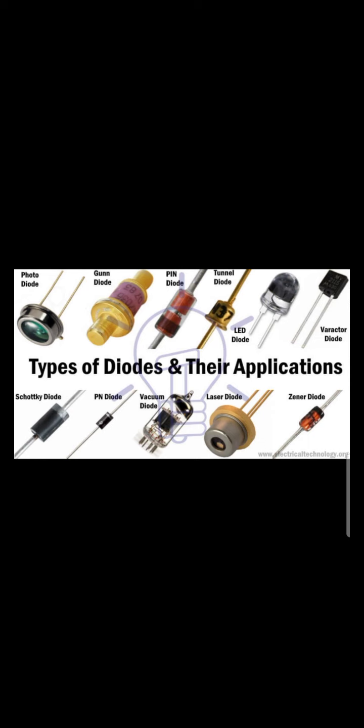Generally, diodes consist of two terminals, known as the anode and cathode.